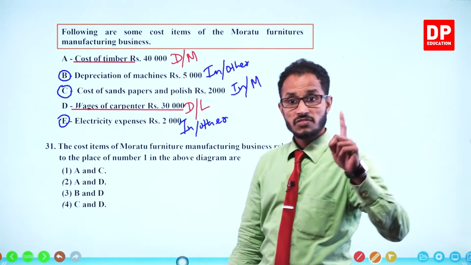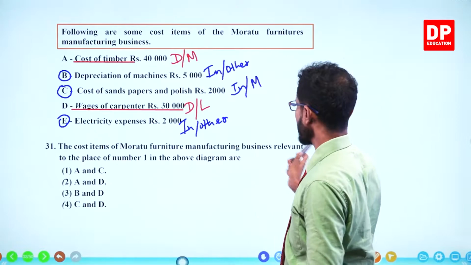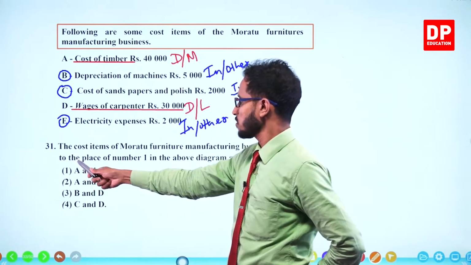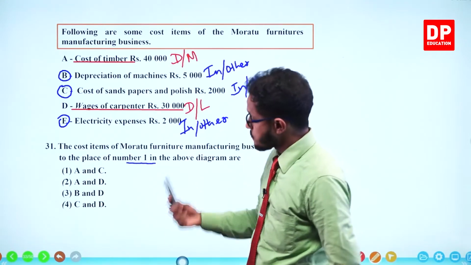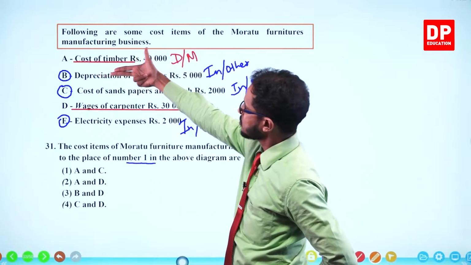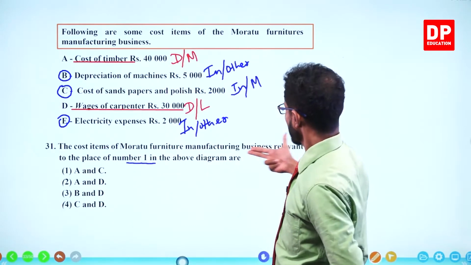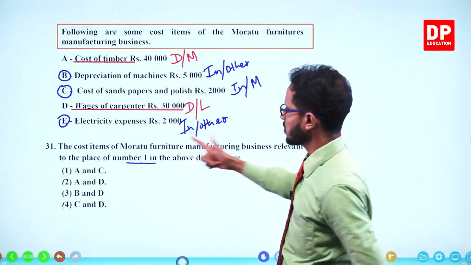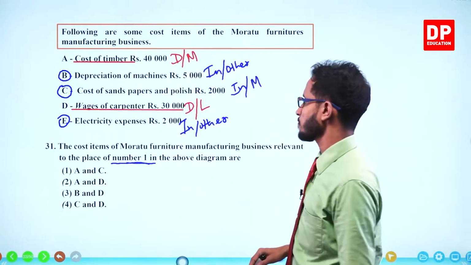First question, the 31st. Which cost items of the Moratu furniture manufacturing business should be relevant to the place of number 1 in the diagram?